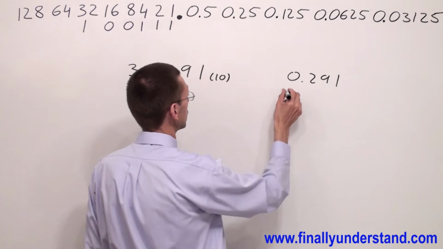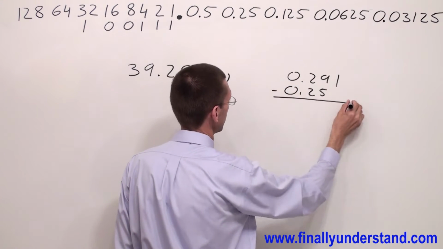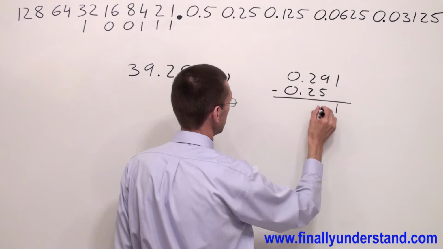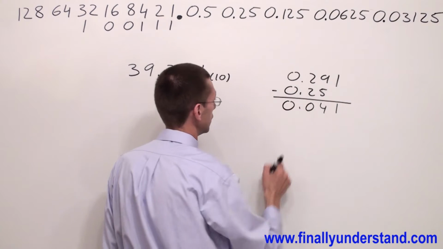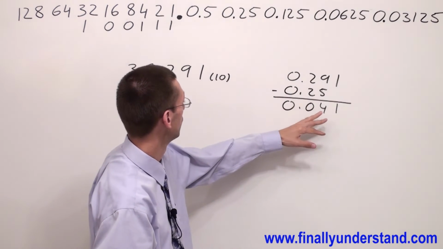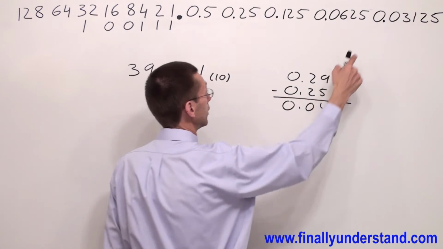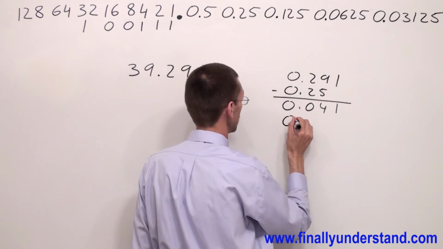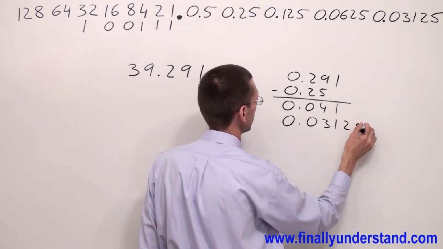The answer is 0.25. Subtract. And you are going to have 1, 4, 0, and 0. The highest weight which you can subtract from this value is this one. I have 0.03125.